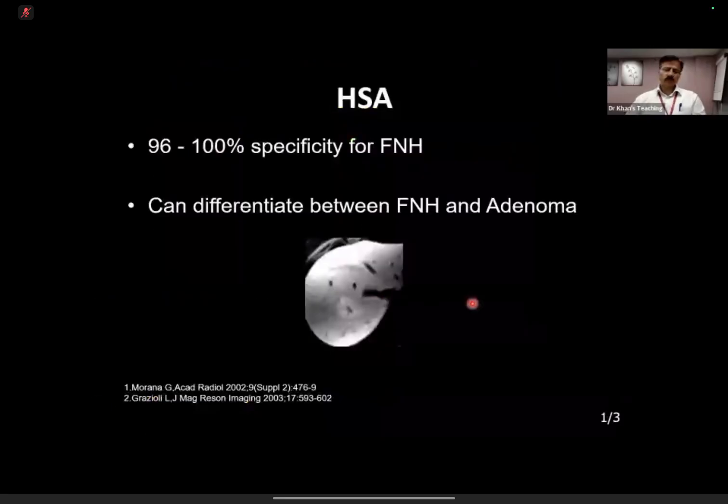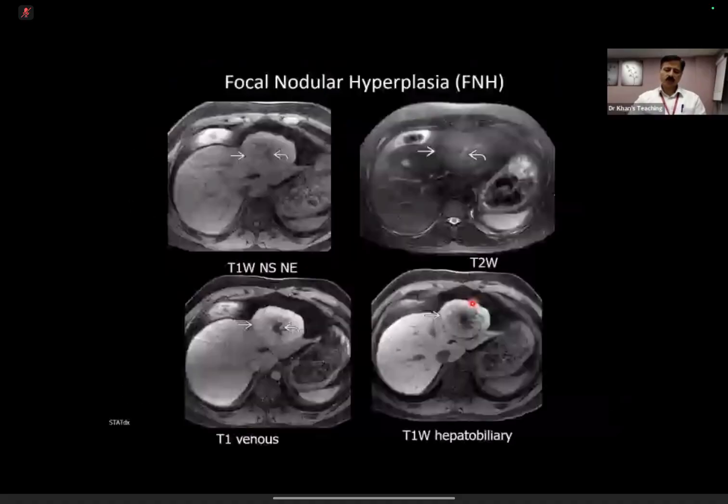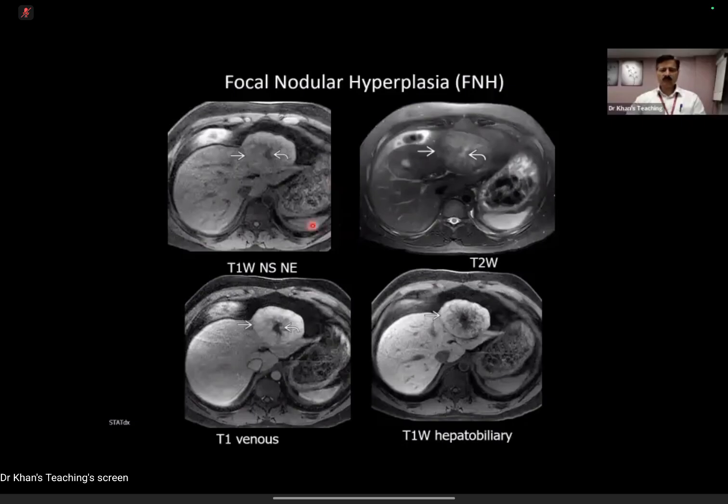Okay, now the hepatocyte specific phase, which is the 20-minute delay phase, has got up to 96 to 100% specificity for FNH, and it can differentiate between FNH and adenoma. So look at this example where this is non-enhanced, this is an arterial. You can see a lesion here with a central scar. There is enhancement, and on hepatobiliary phase, there is persistent enhancement, particularly peripherally. The scar does not enhance.